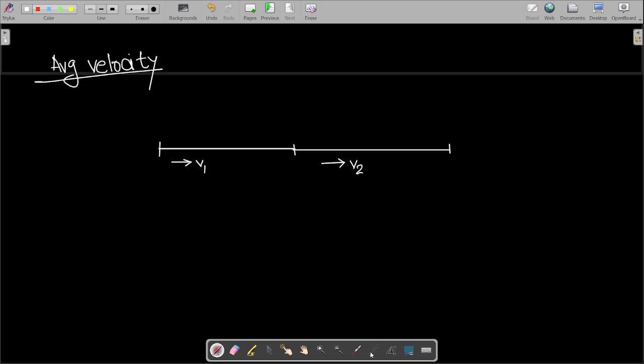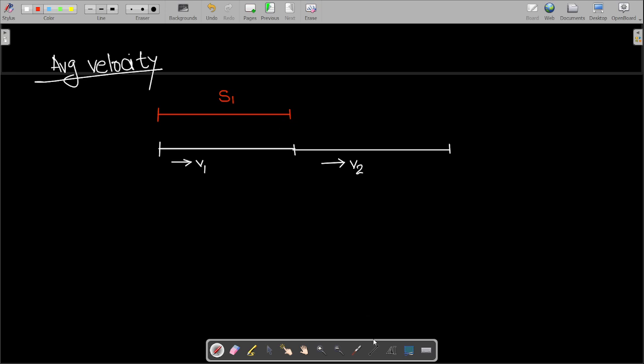During the first phase, let us suppose I covered a distance of s1.